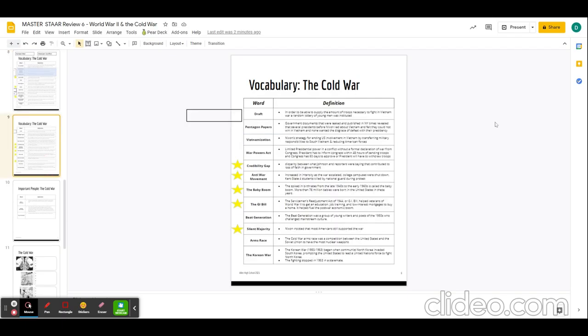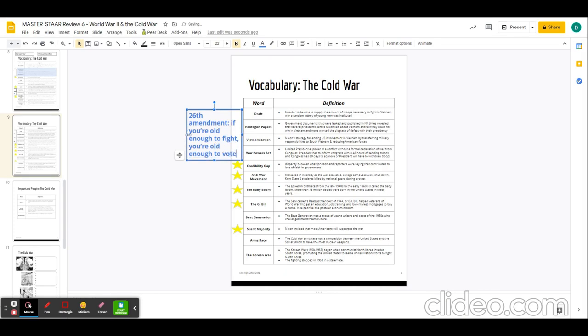All right. On the second page of vocabulary, you have the draft. This time it is specific to Vietnam. The one connection I wanted y'all to make was to the 26th Amendment: you're old enough to fight, old enough to vote.